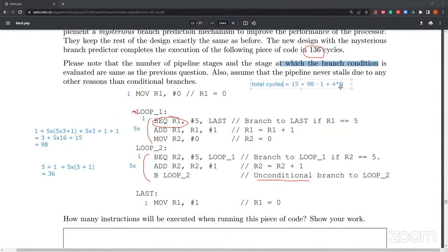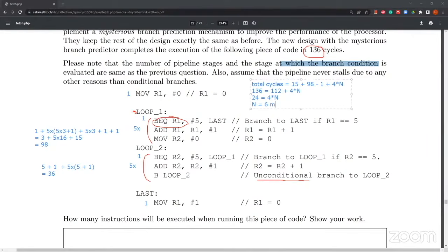Okay, and then here we can replace the total cycles with 136, which is given in the question. And then do the math, right? So this is 112 plus 4 times n. And then from here we find 24 equals 4 times n. And from here n equals 6.